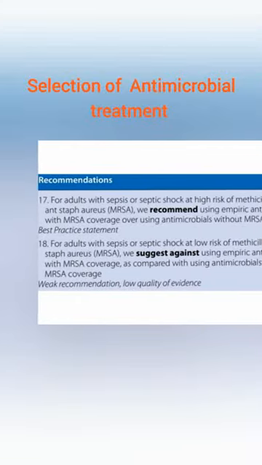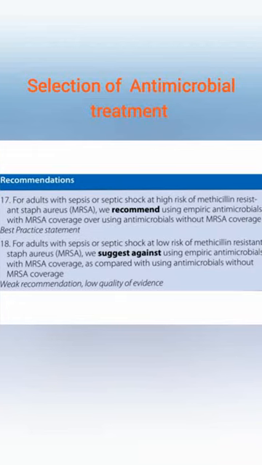Surviving Sepsis Campaign declares that for any adult with sepsis or septic shock at high risk of methicillin-resistant Staph aureus, it recommends using empirical antimicrobial with MRSA coverage over using antimicrobial without MRSA coverage. For an adult patient with sepsis or septic shock at low risk of MRSA, Surviving Sepsis Campaign suggests against using empirical antimicrobial with coverage for MRSA.